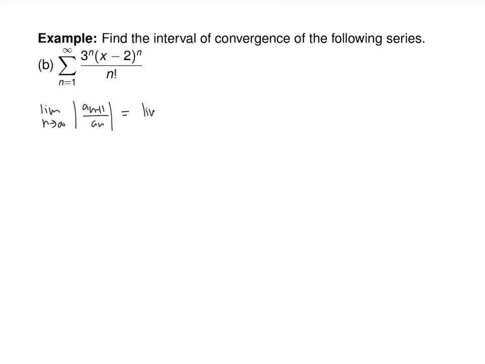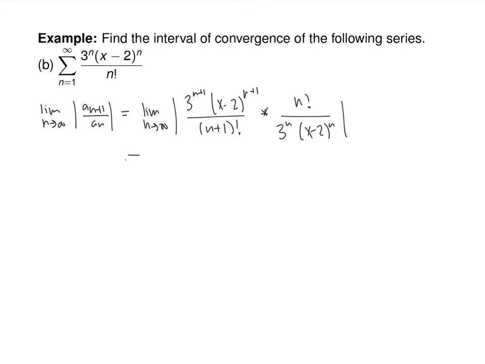So that's the limit as n goes to infinity of 3^(n+1) times (x-2)^(n+1) over (n+1) factorial, multiplied by n factorial over 3^n times (x-2)^n. So, canceling stuff, 3^(n+1) over 3^n leaves us a 3 in the numerator. We also have an x-2, in absolute value bars, in the numerator, and an n+1 in the denominator.